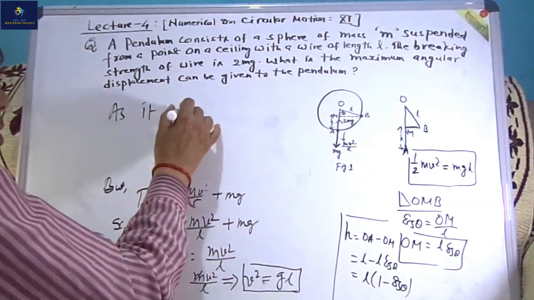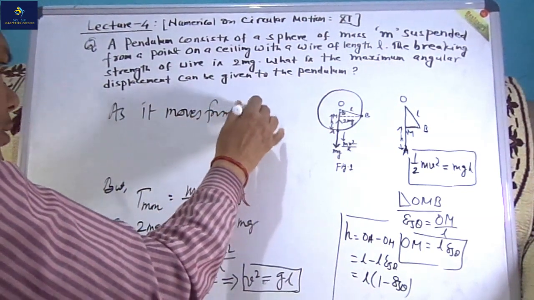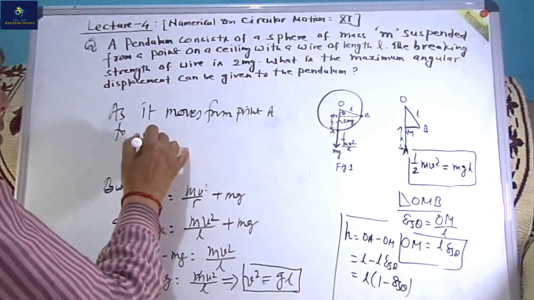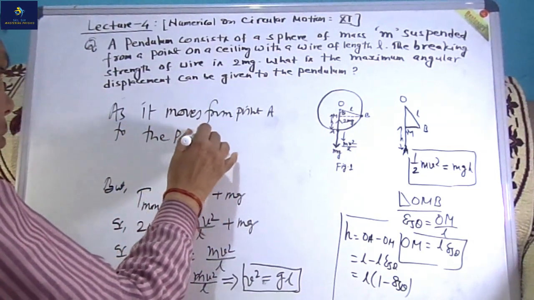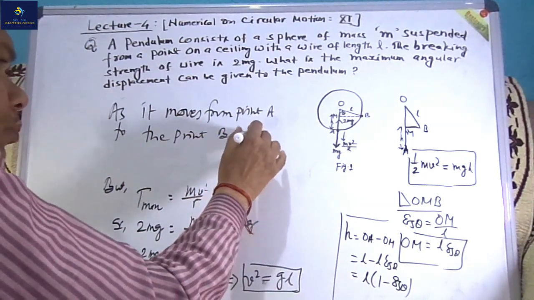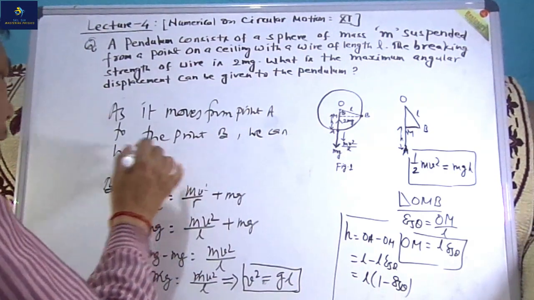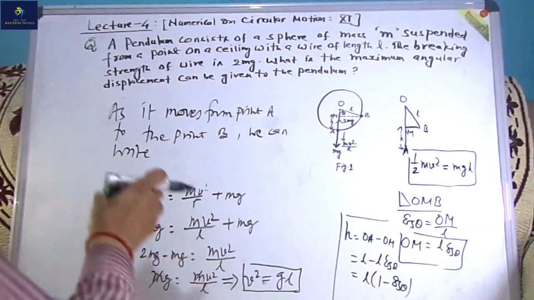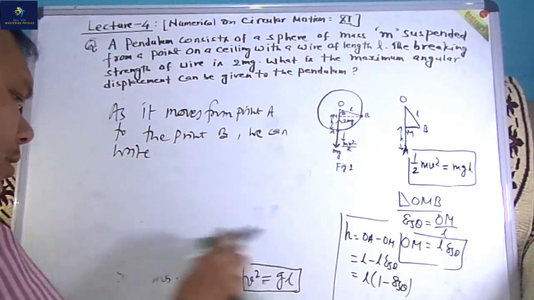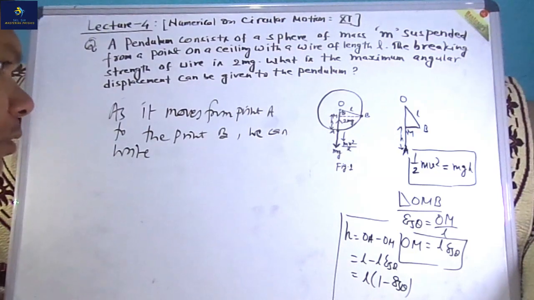As it moves from point A to point B, we can write the loss of kinetic energy is equal to the gain of potential energy.